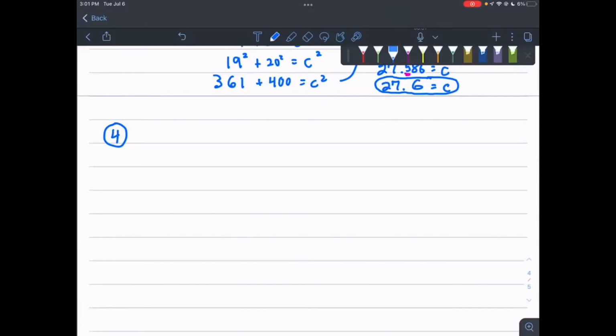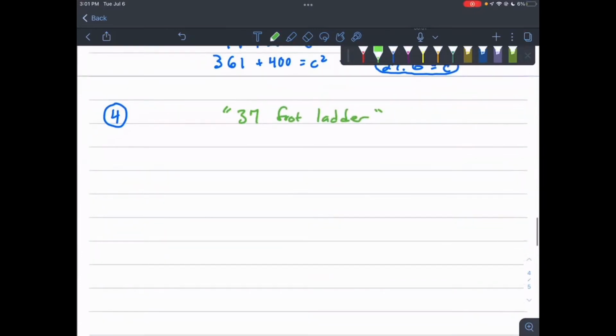Okay, so moving on to number 4. We got 6 examples in the word problem section. Number 4, some phrasing. We've got a 37-foot ladder. You'll have a couple ladder problems. We'll look at another one right after this. 37-foot ladder.